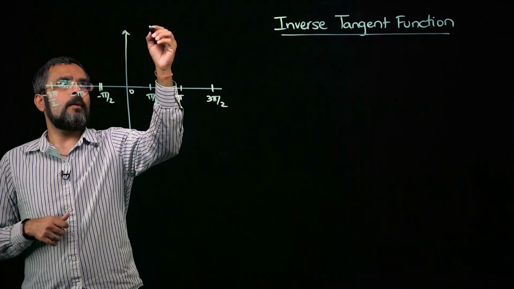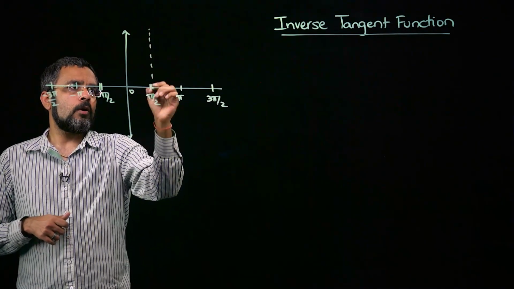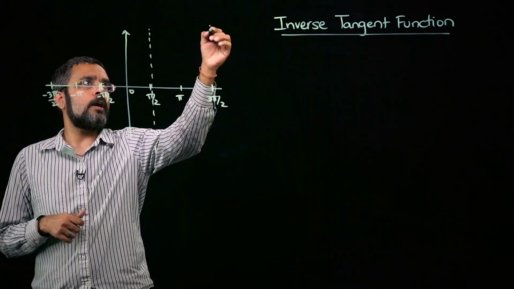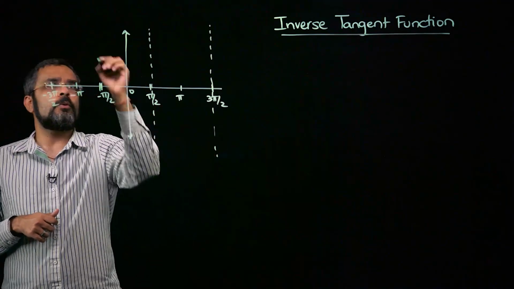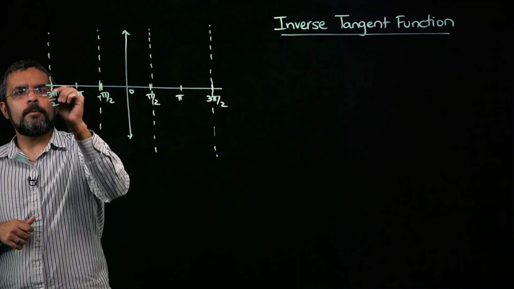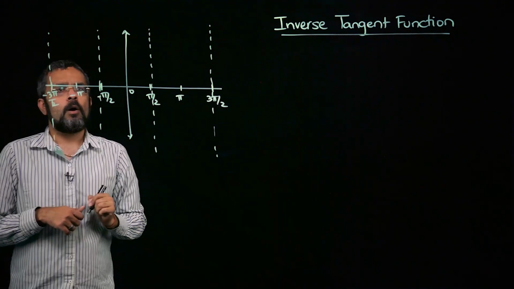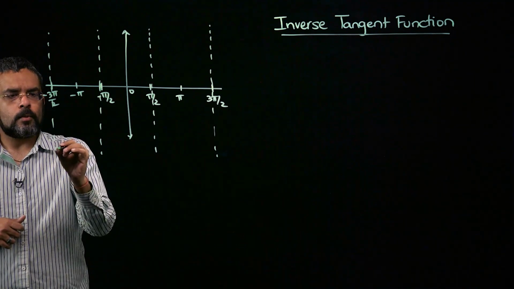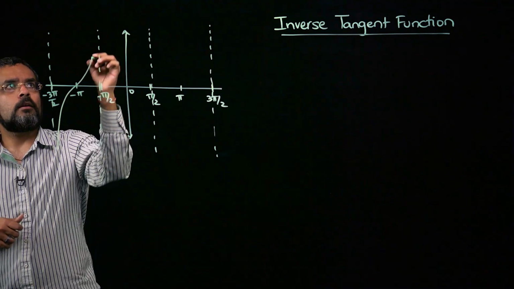Okay, and then if you recall, at every odd multiple of pi over 2, so pi over 2, 3 pi over 2, negative pi over 2, and negative 3 pi over 2, we had vertical tangent lines, right? And your function went something like that.